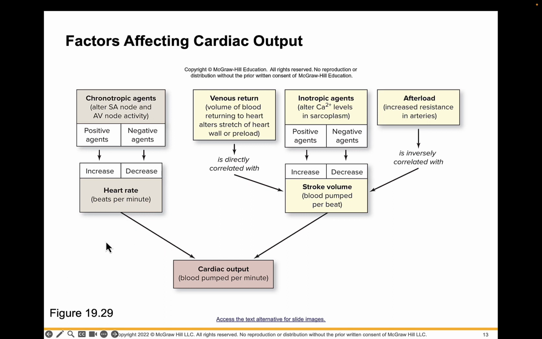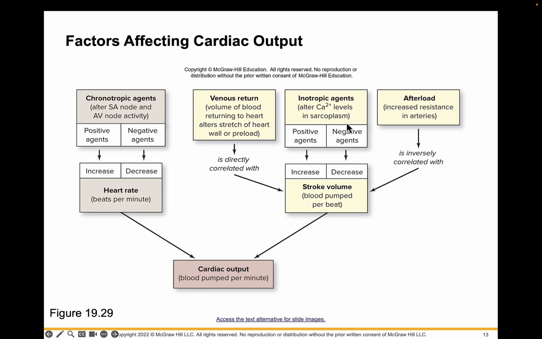Cardiac output will increase with an increase in heart rate or decrease with a decrease in heart rate. Now, venous return, so this is all about that ventricular filling, and we're really looking at the Starling law of the heart. So that is directly correlated with stroke volume. So at the increased venous return, I'm going to increase stroke volume. If I increase stroke volume, we're going to see an increase in cardiac output.